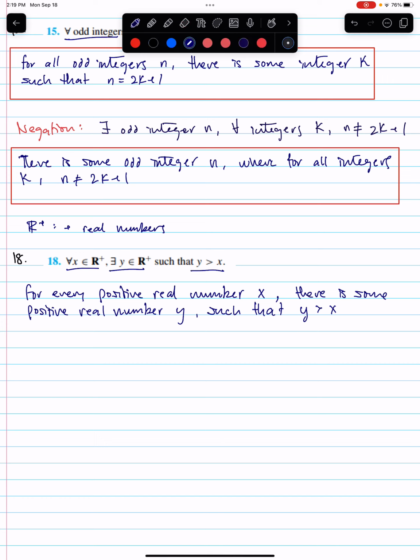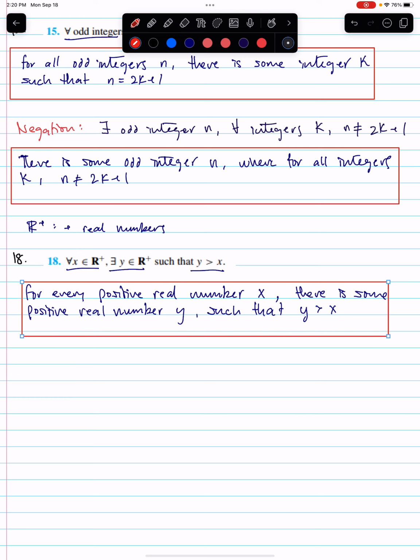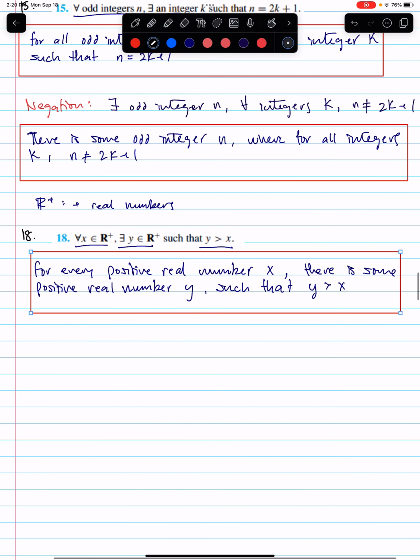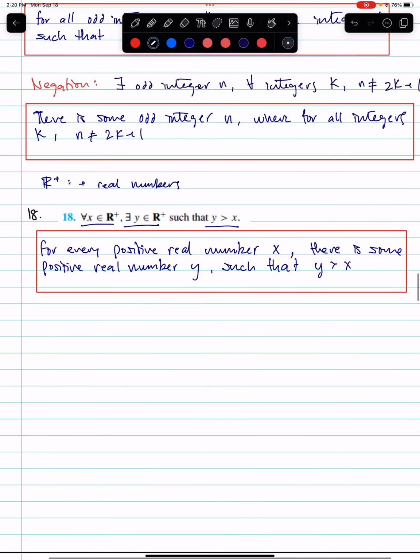That's what that means. Alright, so the negation would be there exists some positive real number x such that for every y in the set of positive real numbers, y is less than or equal to x.